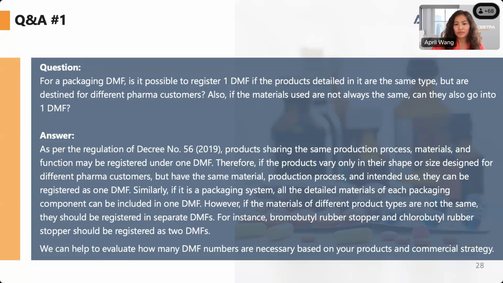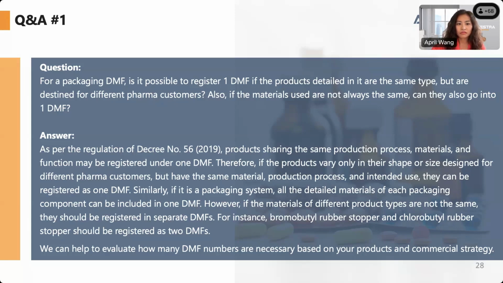So they should be registered as 2 DMFs. As I also mentioned before, if you need help to evaluate how many DMF numbers are required according to your products, we are happy to help you check, and you can contact us later.